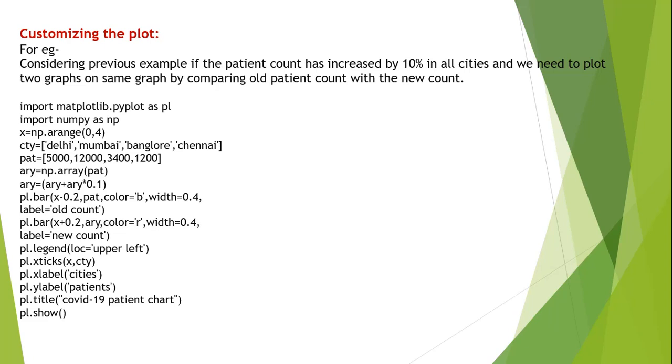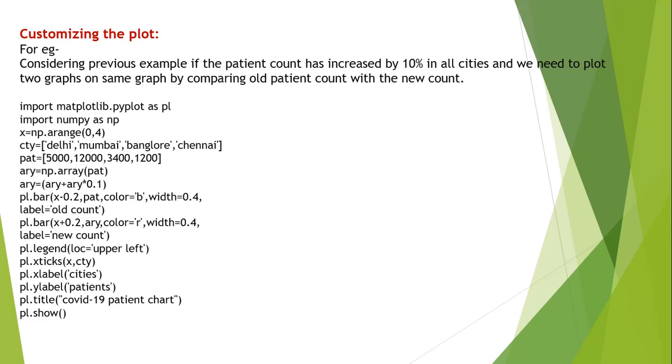This line is being used for increasing these values by 10%. As you know, if we multiply by 0.1 and add it with the previous value, it will create a 10% increase in the values. It is very easy. So that only we have written ARY is equals to ARY plus ARY into 0.1.